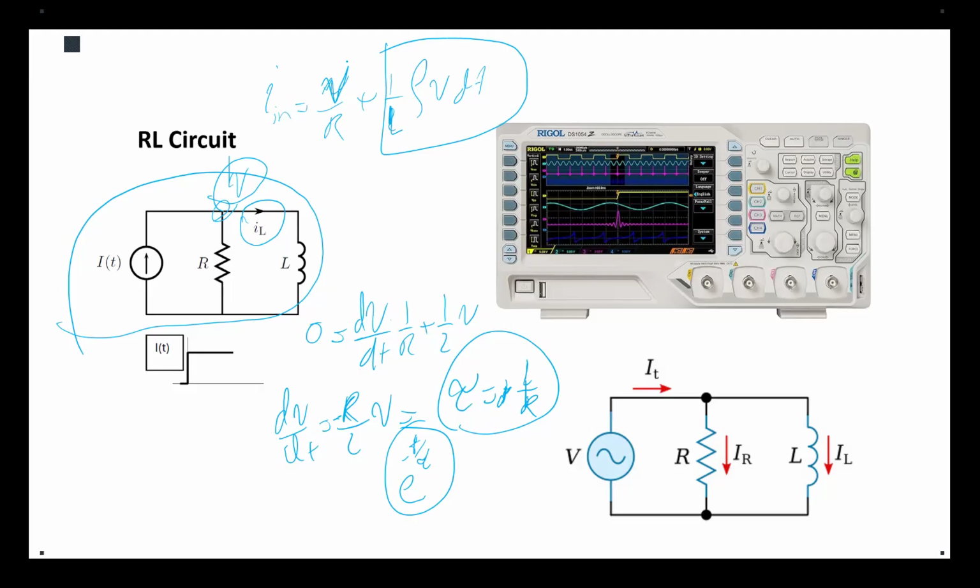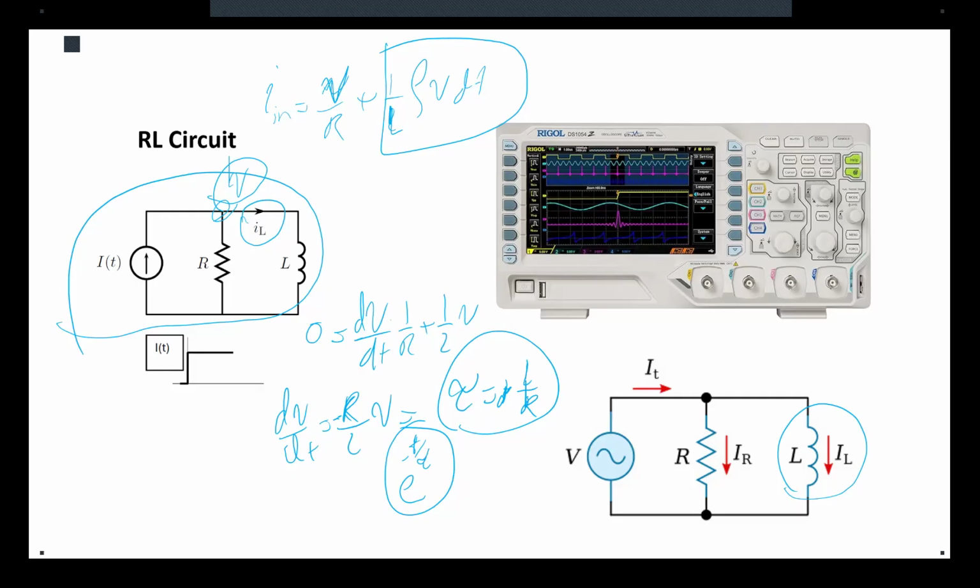In the experiment, since we don't have a current source, we are going to use a step voltage instead of the step current. So the values that you are going to see in the measurements are going to be different from the values in calculation.